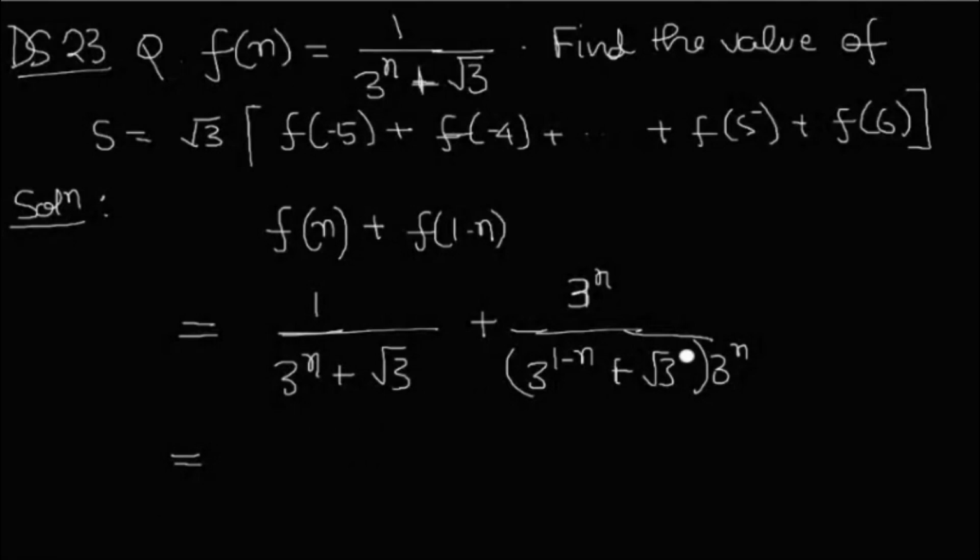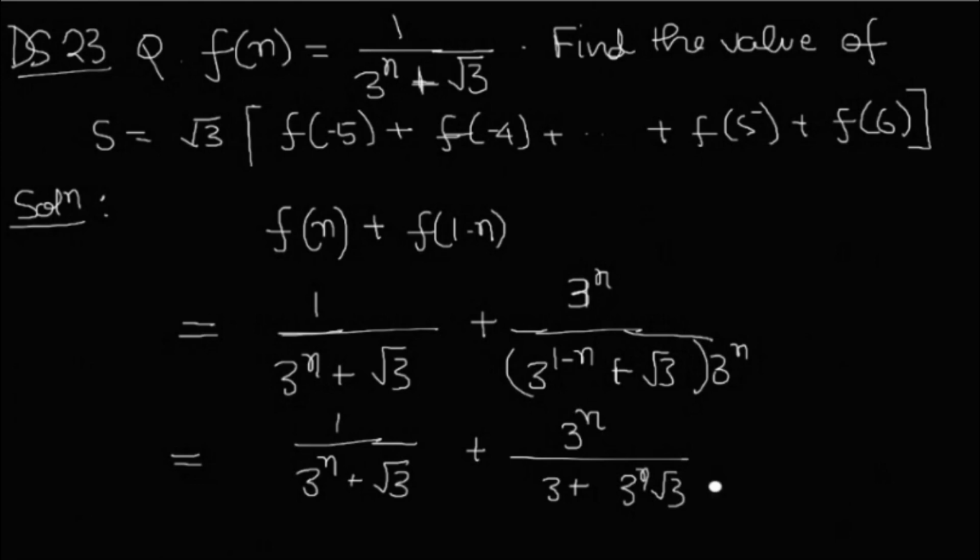I will get 1 by 3 to the power n plus root 3 plus 3 to the power n by 3 to the power n plus root 3. So this is easy. You can take this term as the LCM, and you will get a root 3 here.